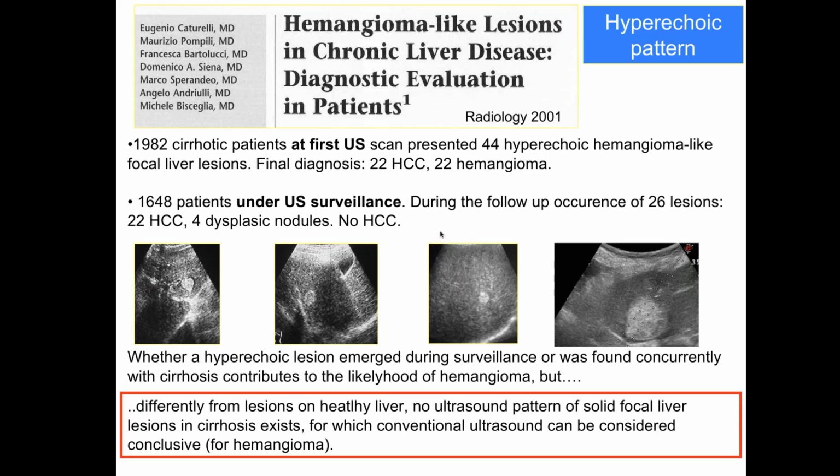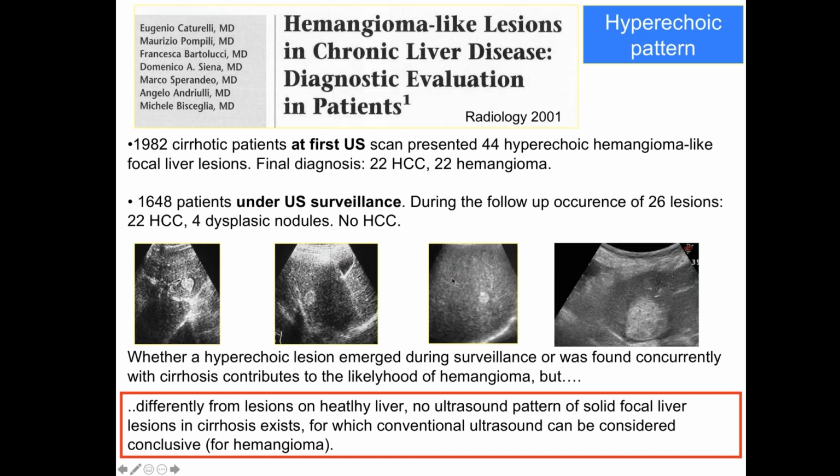On the contrary, if no lesion was present in the past in a cirrhotic patient and during surveillance a hyperechoic lesion occurs, then in this case there is almost no possibility of having a hemangioma. There might be either hepatocellular carcinoma or regenerative nodules with or without dysplasia.